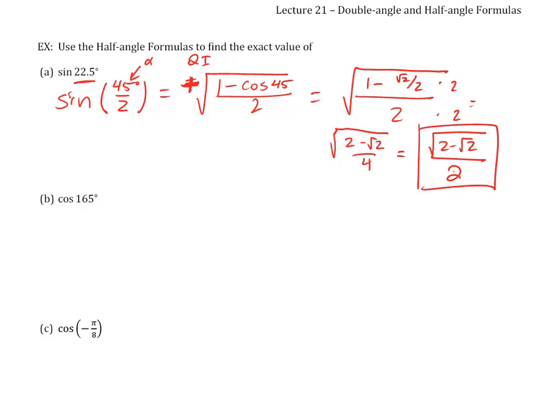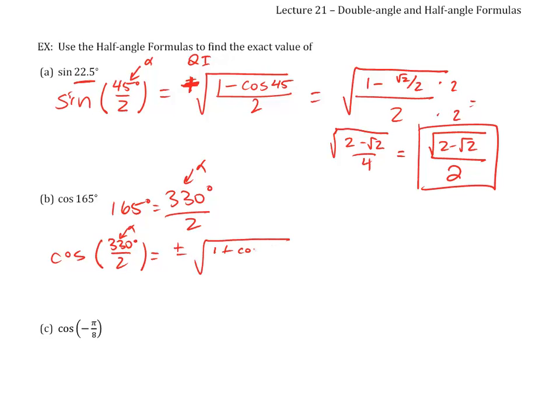What about cosine of 165 degrees? Well, 165 degrees is 330 degrees divided by 2. So, if you let this be alpha, then you could say cosine of 330 over 2, where 330 is your alpha, is going to be plus or minus the square root of 1 plus cosine of alpha divided by 2.